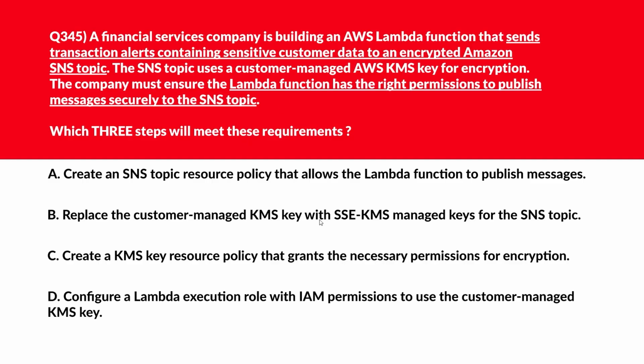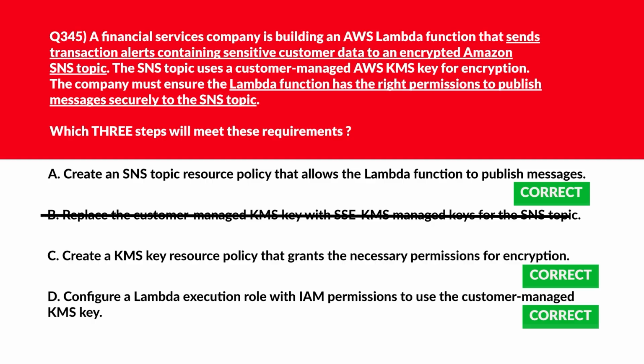Option B, AWS KMS managed keys are not valid since the requirement is to use customer managed keys. Incorrect. Option C, KMS key resource policy ensures the Lambda function can use the customer managed key for encryption. Looks good. Now option D, Lambda execution role provides IAM permissions to use the customer managed KMS key securely. Option A, C and D are the right answers.